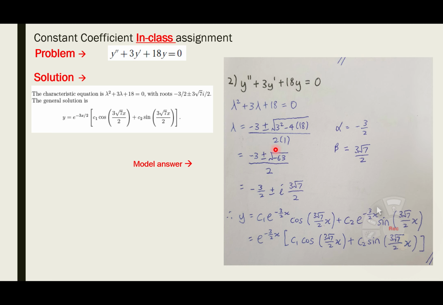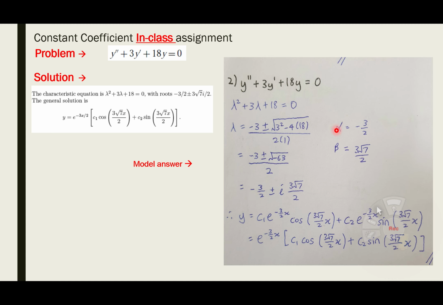And then you are going to end up with lambda being a complex number, because simply the value under the radical here is, yes, less than 0. So we are going to have complex roots here, which end up as minus 3 over 2 plus or minus i times this.